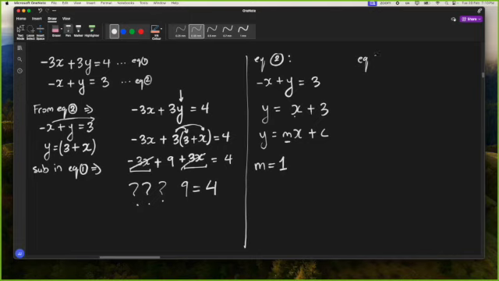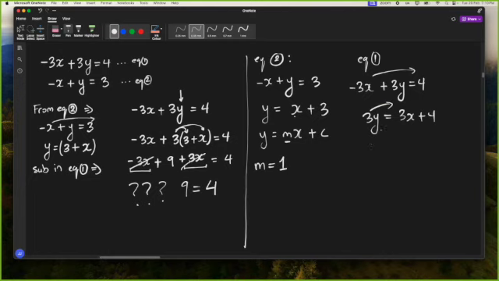Notice equation 1. Equation 1 is negative 3x plus 3y is equal to 4. You throw this across, so I'll get 3y is equal to 3x plus 4. This is not in the form y is equal to mx plus c.